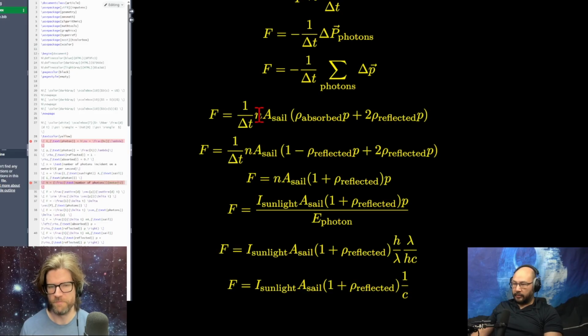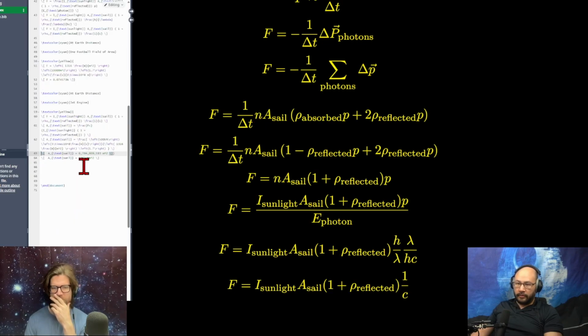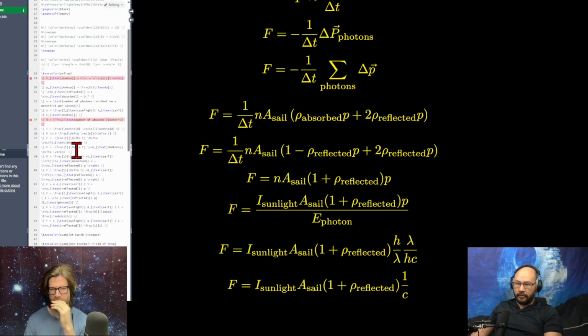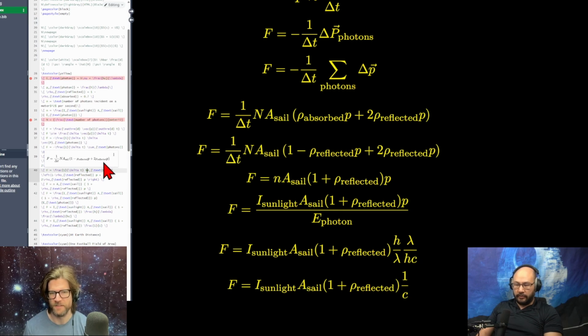That should be big N times A. Then one more line with a big N. And on the third line, it should just be little n, and I think we're back to it.